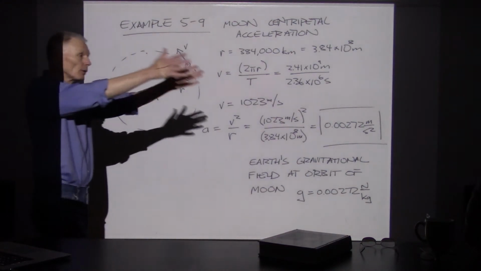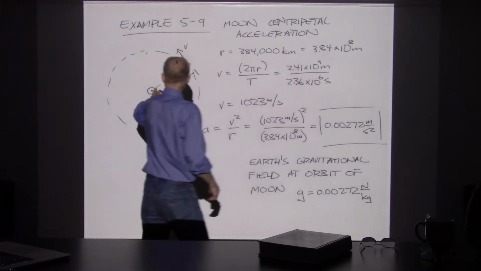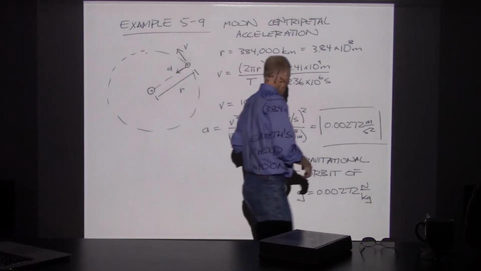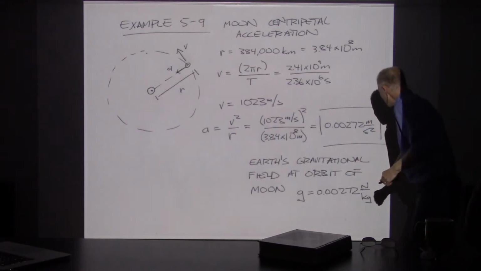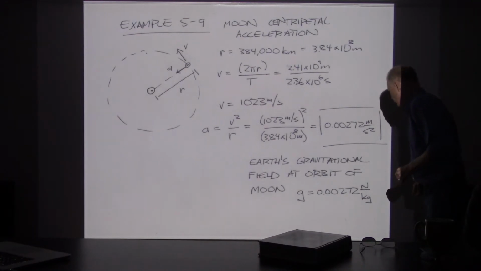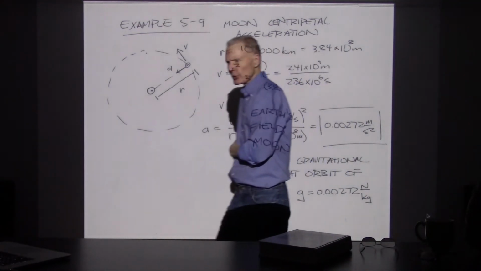Instead of a straight line motion, the Moon would, left to itself, go in a straight line. But the Earth's gravitational field is exerting a force, and the gravitational effect equals the gravitational field. So the acceleration we have due to gravity, 0.00272 meters per second squared, equals 0.00272 newtons per kilogram.